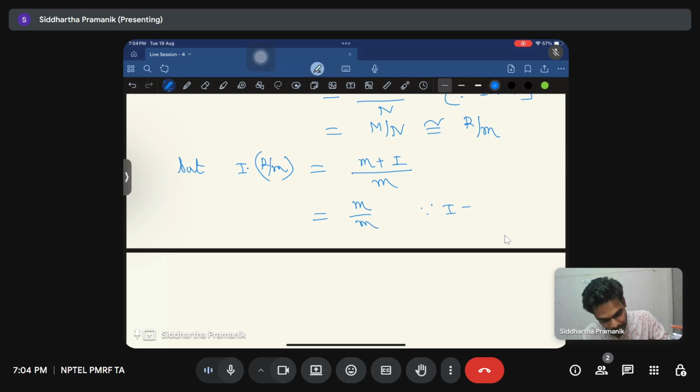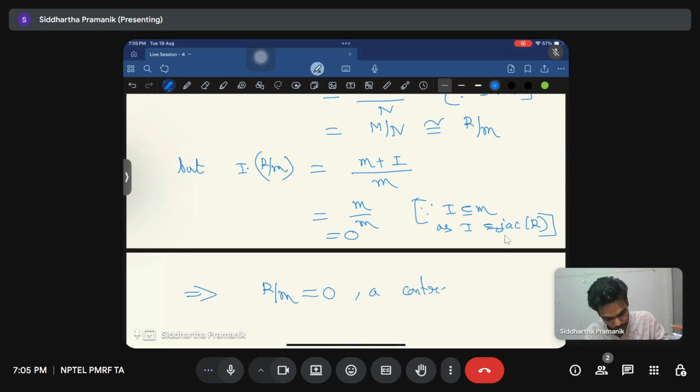Because I is a subset of m, and this is because I is a subset of the Jacobson radical of the ring R. So this is 0. This implies R mod m is 0. So this is a contradiction, because R mod m is a field, and a field cannot be 0. A field must have at least two elements.